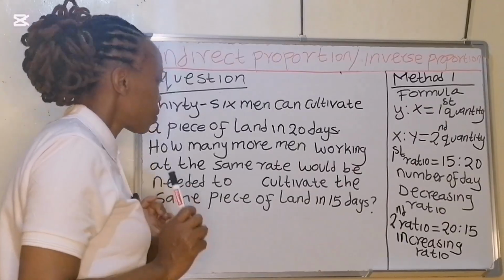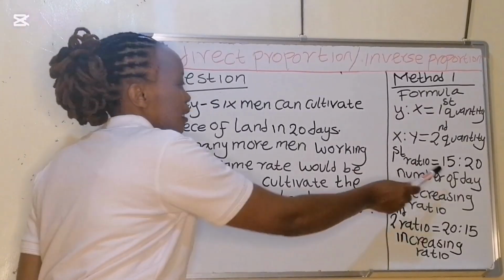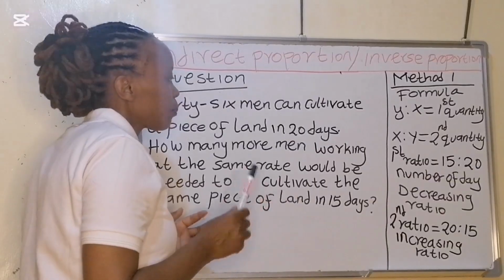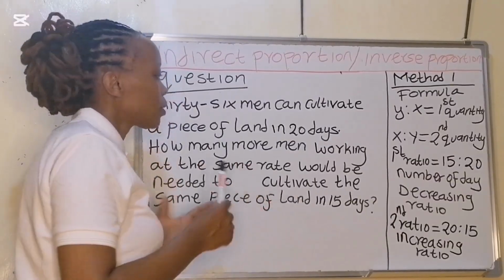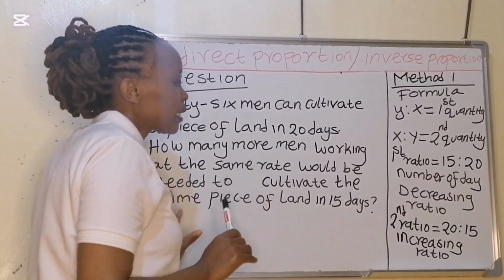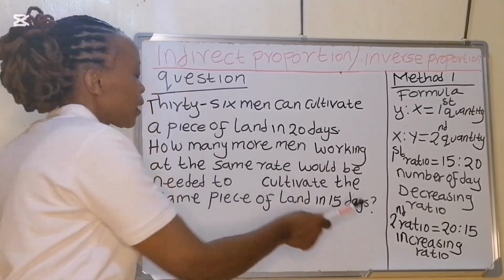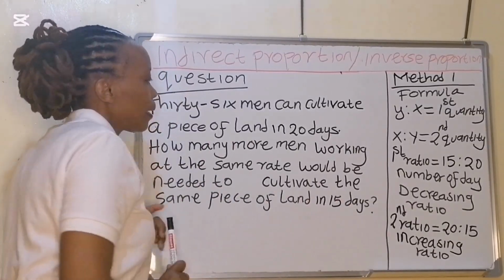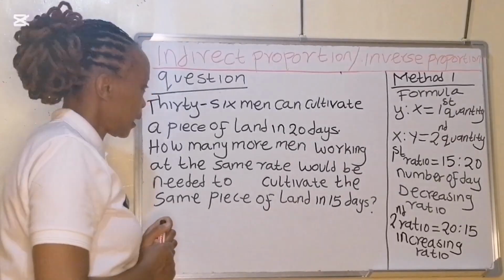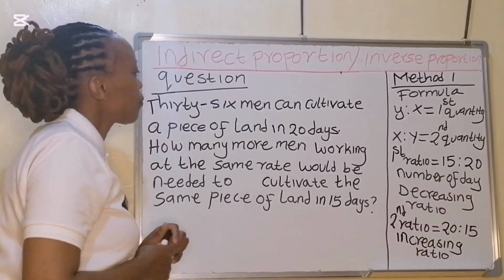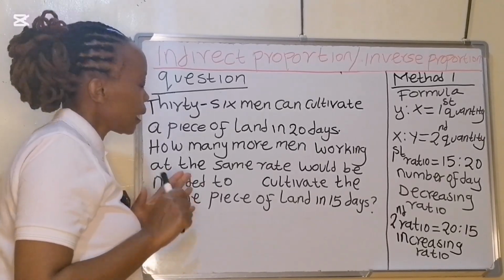So we have gotten the first ratio, which is 15 is to 20. The number of days we have been given. We are changing from what to what, so we use the number of days. So the second ratio is 20 is to 15. It is increasing. So we will use the second ratio because the number of men is increasing. Obviously, because the number of days has decreased, the number of men will increase.